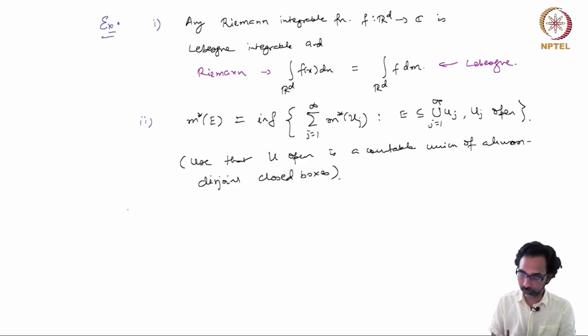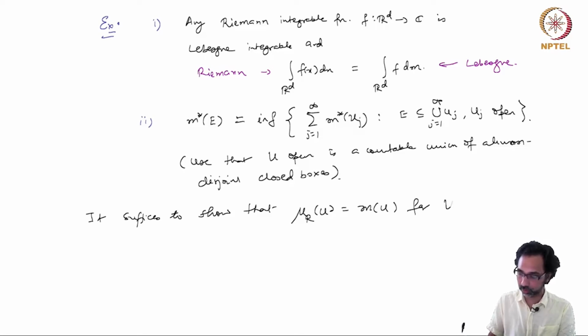So it suffices to show that mu_R(U) equals m(U) for U open in R^d. So first suppose that mu_R(U) is finite.